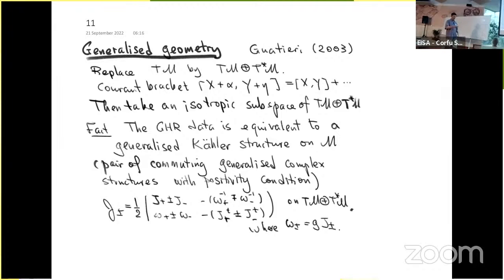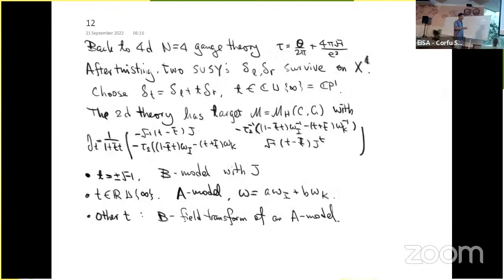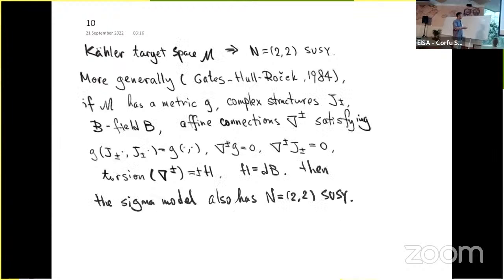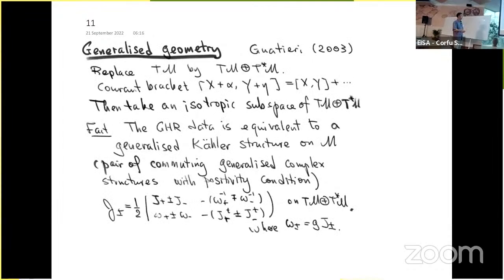So for the purpose of organizing this data, the two generalized complex structures are denoted by curly J, which are expressed in this expression, and they act on this space of dimension 2n, and the square is -1, so these are complex structures, and you can check that they commute.